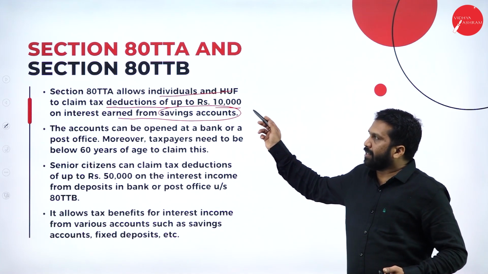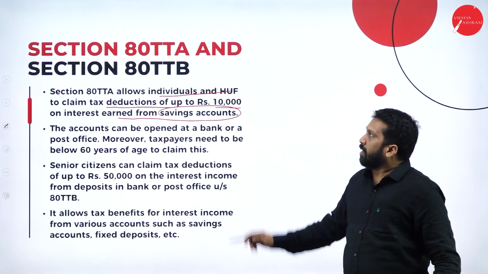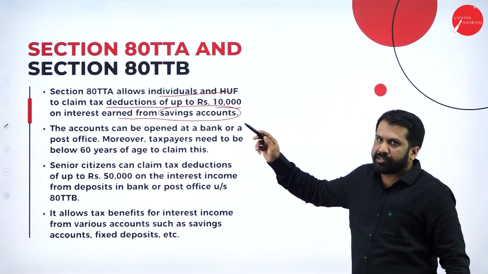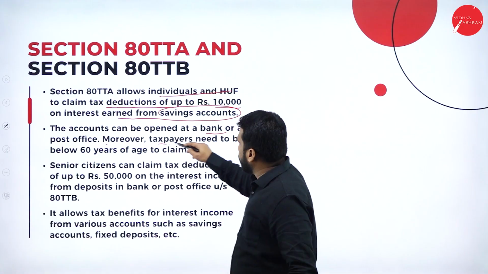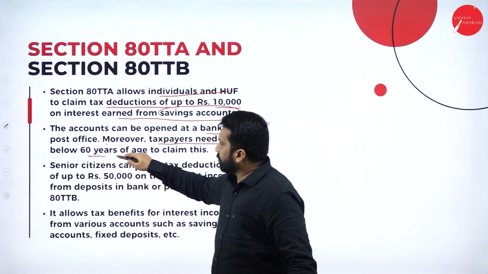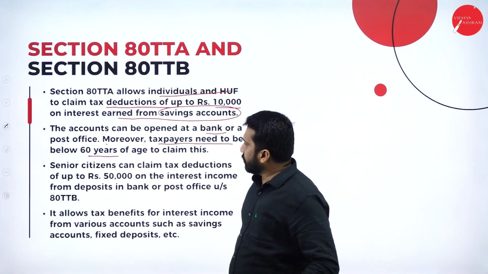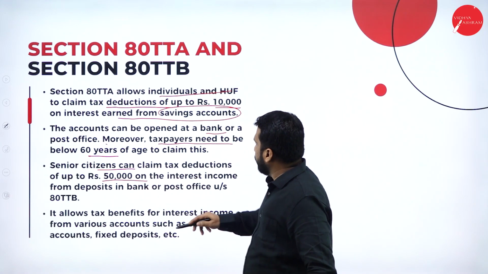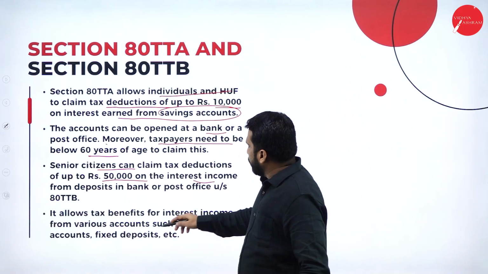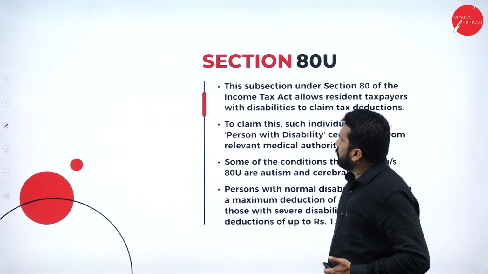The interest up to 10,000 you can claim as deduction under section 80TTA, under section 80TB. Opened at a bank or post office. Moreover, the taxpayer needs to be below 60 years. Your age must be below 60. In case of a senior citizen, you can claim up to 50,000 for interest income. So all these things are the same.